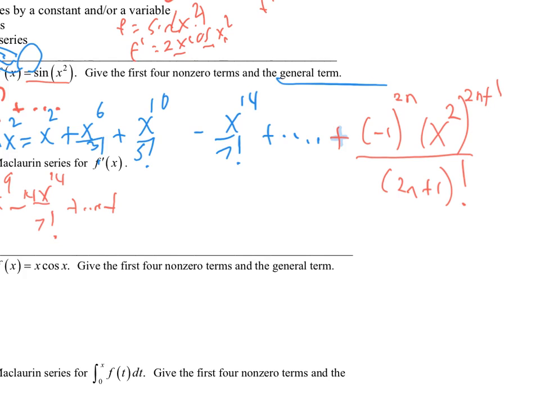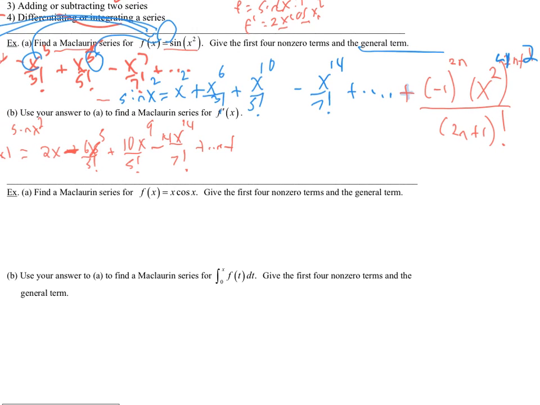Looking back up at the general term of the first one, that was probably not a 2n plus 1. It was doubled, so it was 4n plus 2. It's a different color. 4n plus 2. So if I just take the derivative of that, that negative 1 is still not going to change.